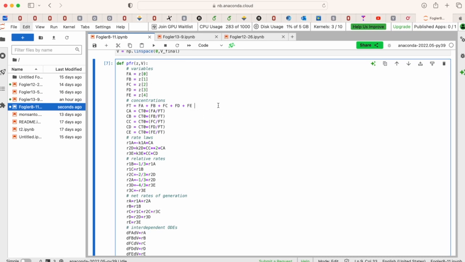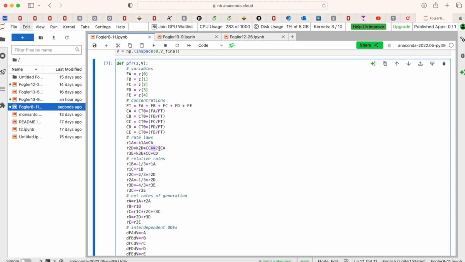So I've started out by defining my concentrations, which are functions of the molar flow rate. We said we needed the total molar flow rate, so I've written that equation in, and then basically written the concentration equations, which are in terms of the molar flow rate of each species. The rate laws I basically copied those in from the problem statement. Thing to notice here, in Python, the syntax for raising something to a power is 2 asterisks.